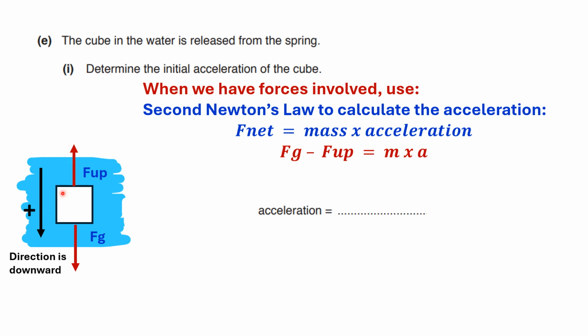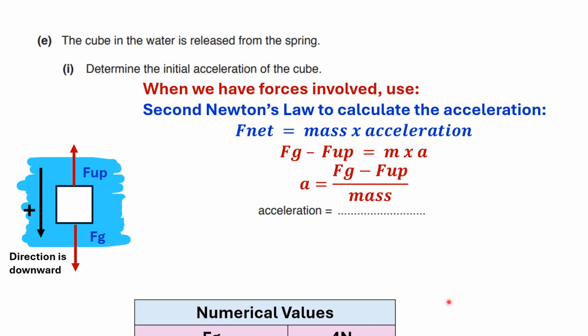Fg is positive and F up is negative, because the direction the cube is moving in the water is downward. So we make the weight force positive, equal to ma. Then the acceleration is the weight minus the upthrust force divided by the mass of the cube.